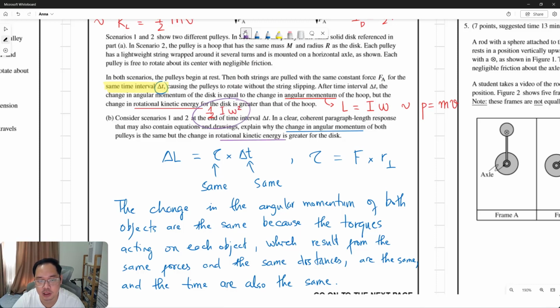The rotational kinetic energy of both objects are different because of two reasons. Firstly, the moment of inertia I of the two objects are different, and secondly, the angular speeds of those objects are also different. So both things, I and omega, are different.